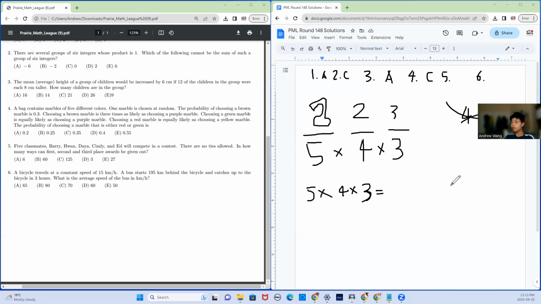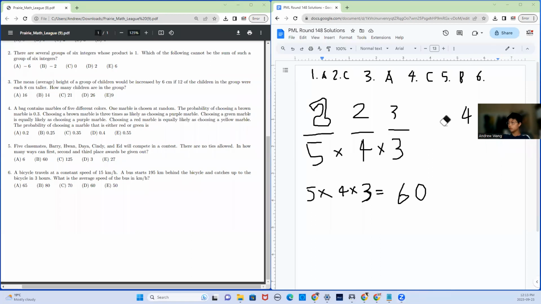But when we multiply together, this is how many ways first, second, and third place can all be given out. So 5 times 4 times 3 gives us 20 times 3, which is 60. So there are a total of 60 different ways first, second, and third place awards can be given out. So the answer to 5 is B.